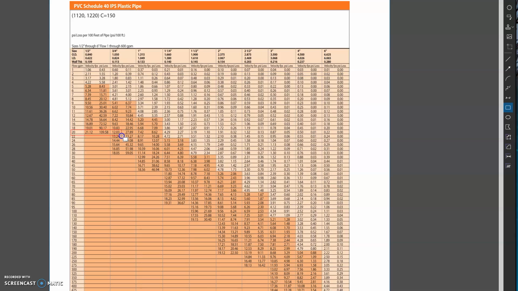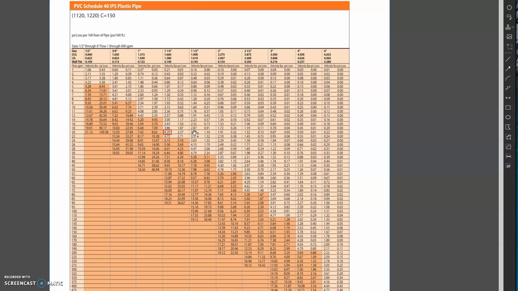I can't use 3/4 inch because that's 12.03 feet per second. I can't use 1 inch because that's 7.42, but I can use 1.25 inch. So the smallest pipe that I can use to stay within specifications is 1.25 inch pipe.